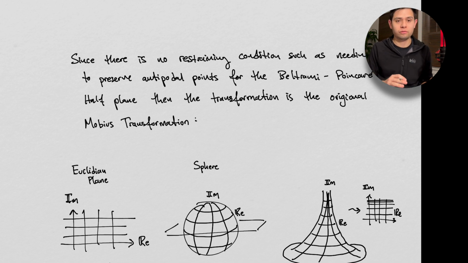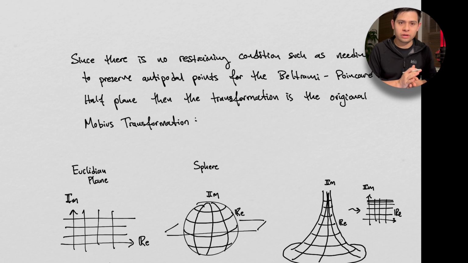Because the Mobius transformation is a transformation of the complex plane, and the Beltrami-Poincare half-plane is a complex plane, so a transformation of a complex plane equals a transformation of a complex plane. There's no two ways about it.